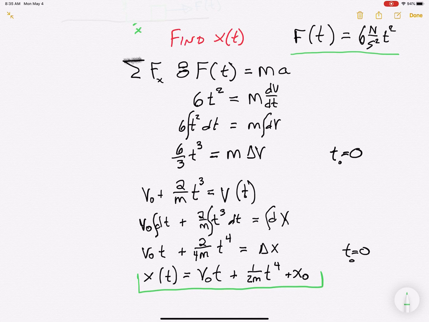So given that value for a force, we go through the same steps we did at the beginning of the semester, where we solve for time, and then we take apart, we solve in a direction, we take apart the time derivatives until we get ourselves down to the function as a function of x. And then we can use that if you wanted to find the position of the object and such.